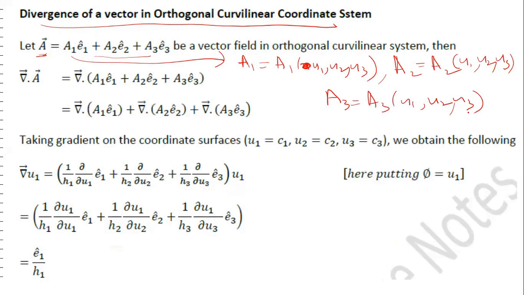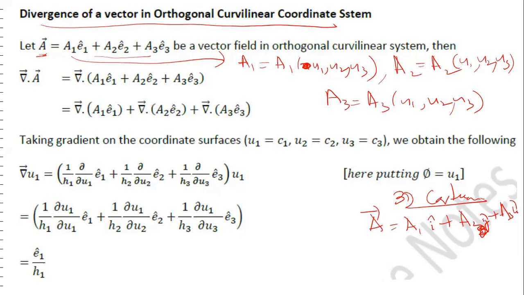I think you can understand this from the analogy of 3D Cartesian. In the 3D Cartesian, you know that any vector can be written as A1 i cap plus A2 j cap plus A3 k cap.